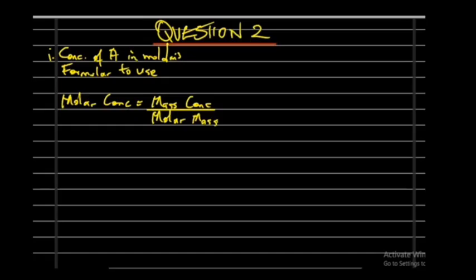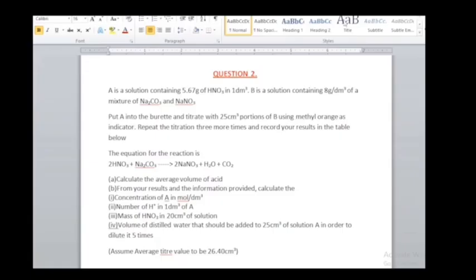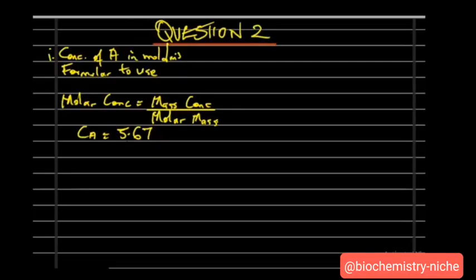So from that now, Ca, which is our molar concentration, from the question we are given 5.67. You can see here that the mass concentration of our A is 5.67 grams in 1 dm cube. So 5.67 divided by the molar mass of A, which we already calculated previously to be 63.